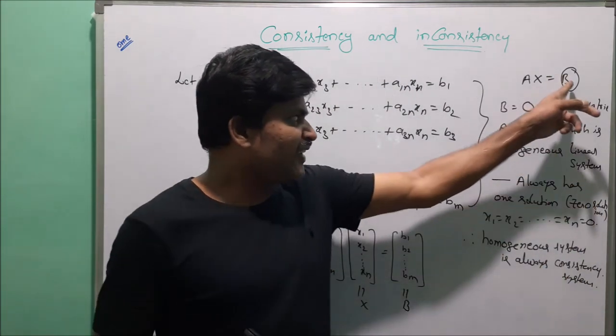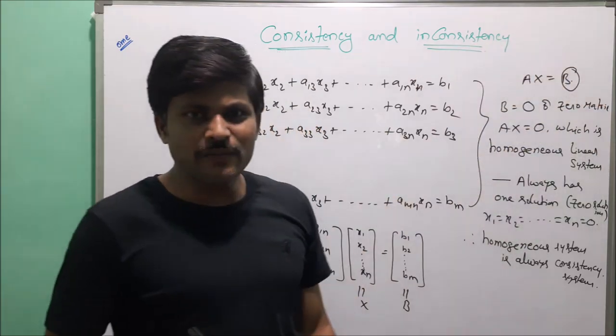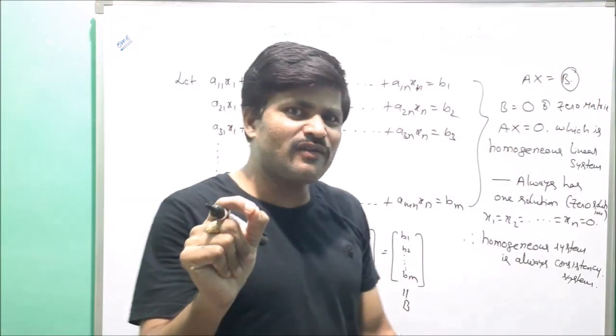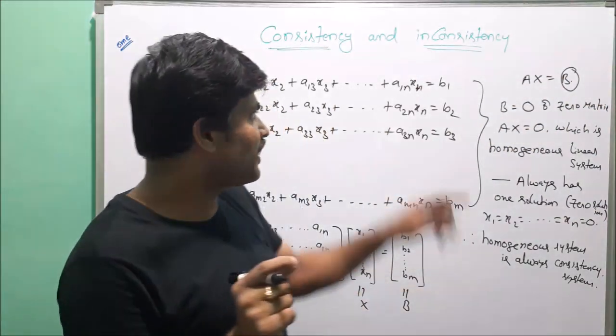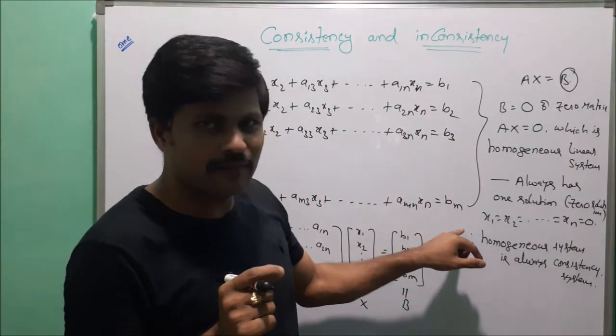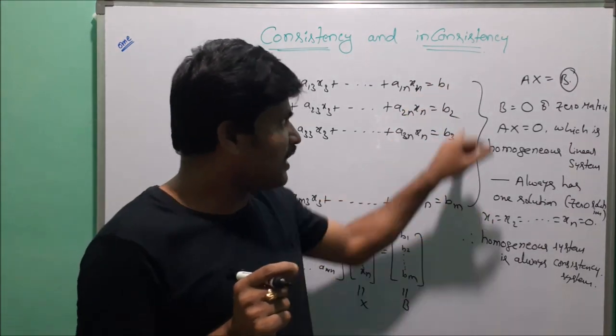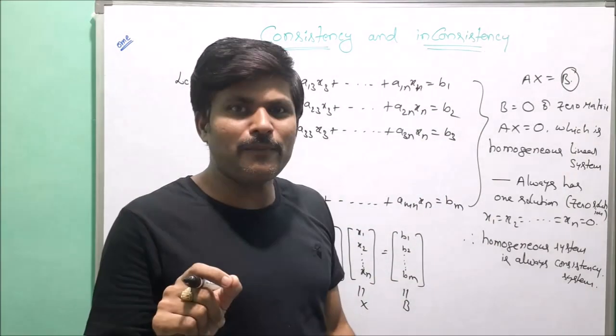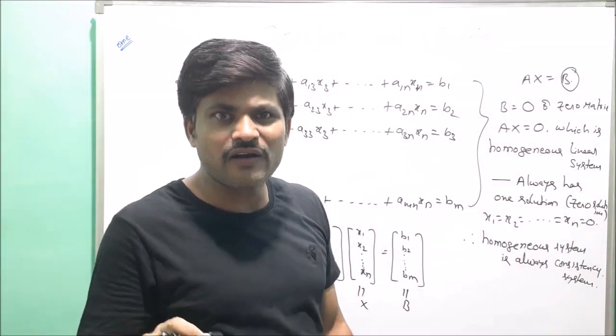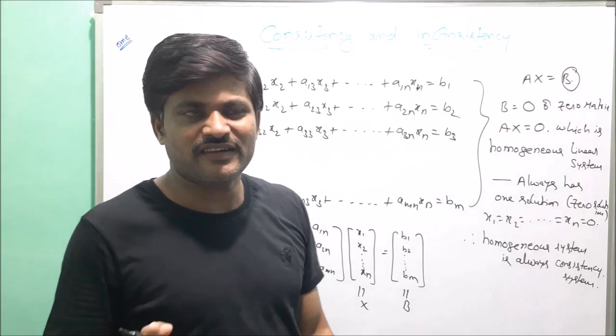Similarly, in the constant matrix, if at least one value is non-zero, b1, b2, b3 up to bm, that type of system is called a non-homogeneous linear system.